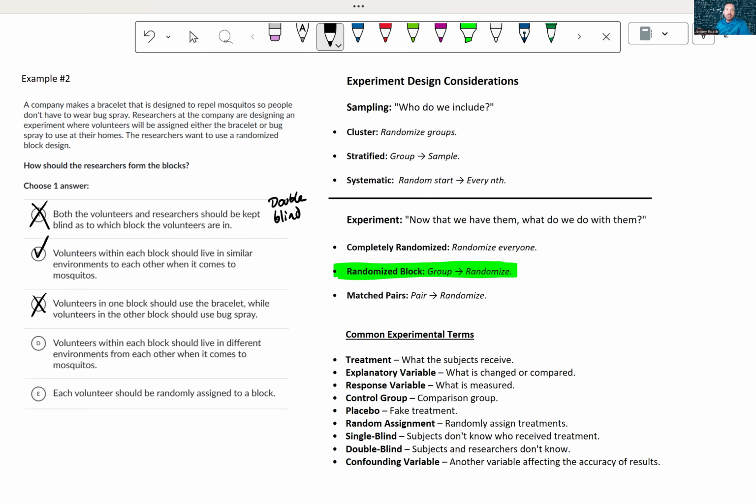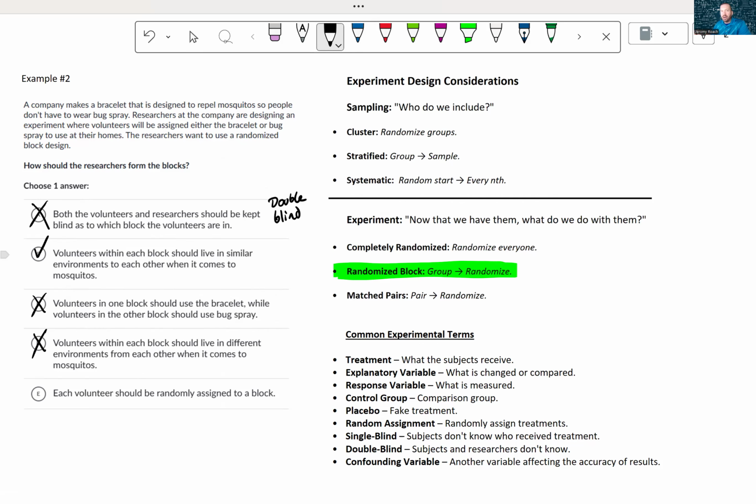For D, it says volunteers within each block should live in different environments from each other when it comes to mosquitoes. This is the opposite of blocking. They should be in the same environment because we want to be able to compare the effectiveness of bug spray or the bracelet based on the same environment.